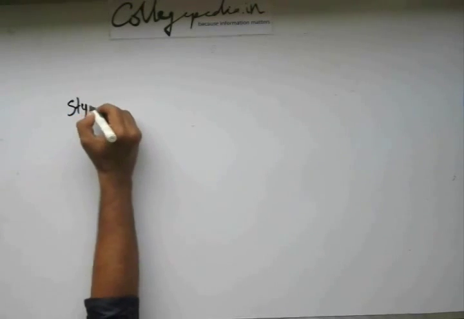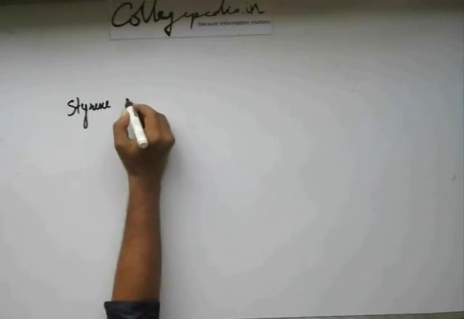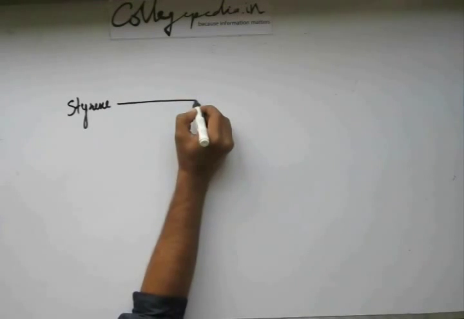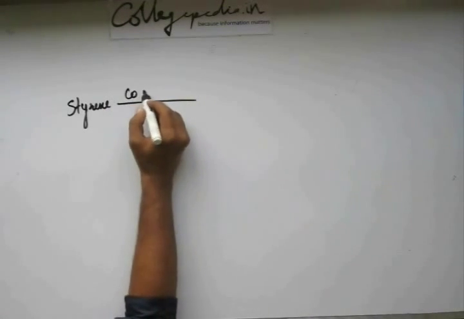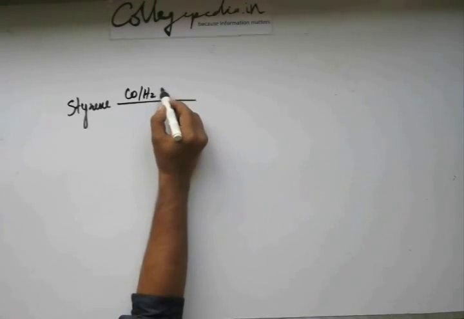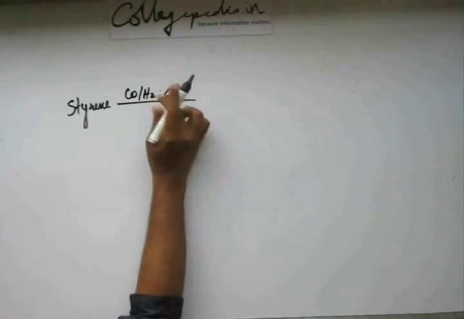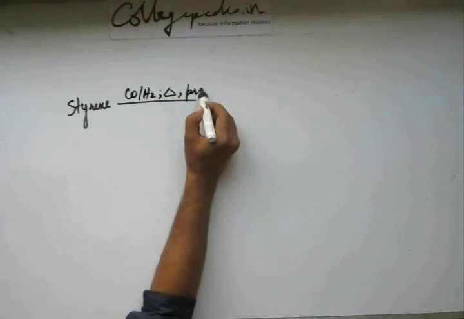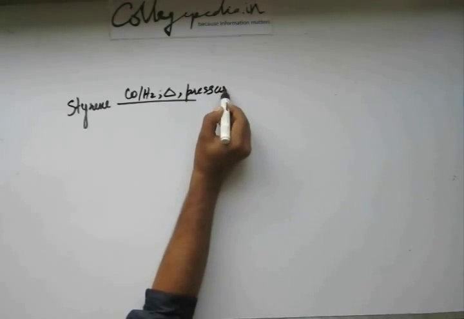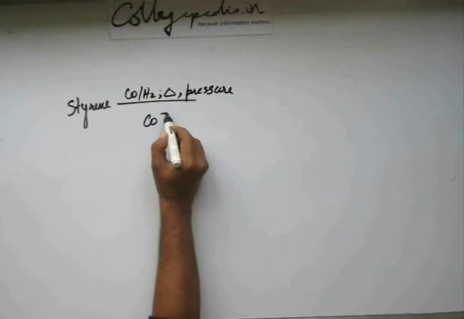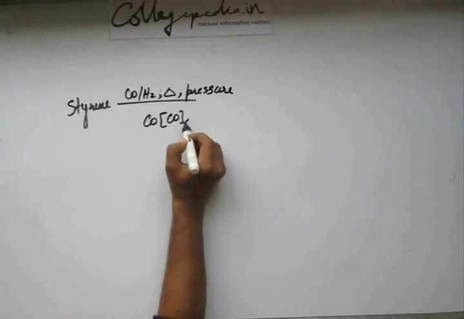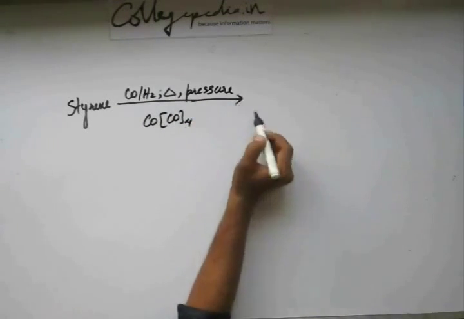So let's start with the simple ones. Suppose I have styrene and I'm carrying out a reaction with carbon monoxide and hydrogen with heat and pressure and in presence of a catalyst, tetracarbonyl cobalt hydride.